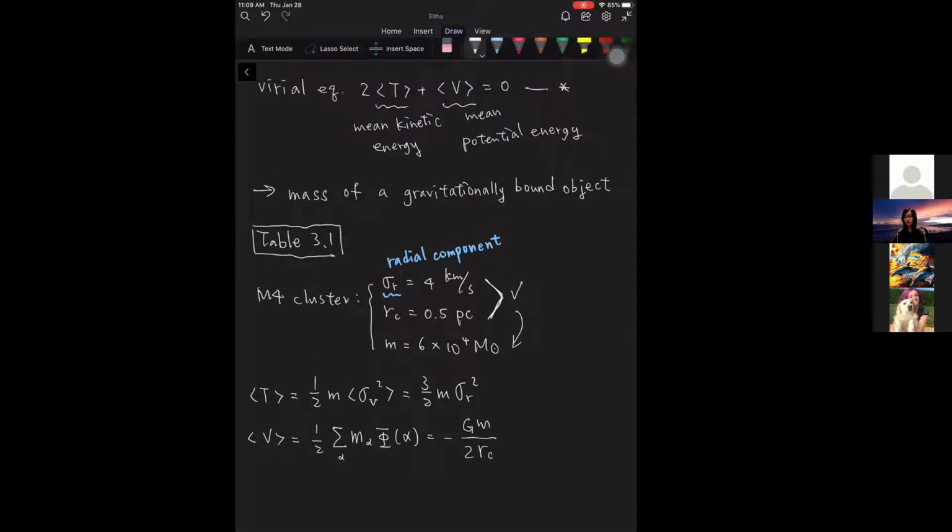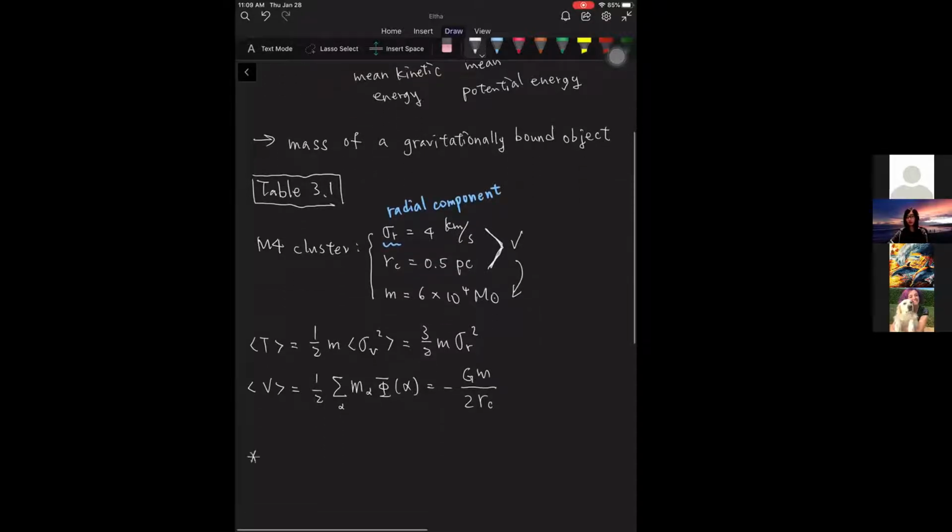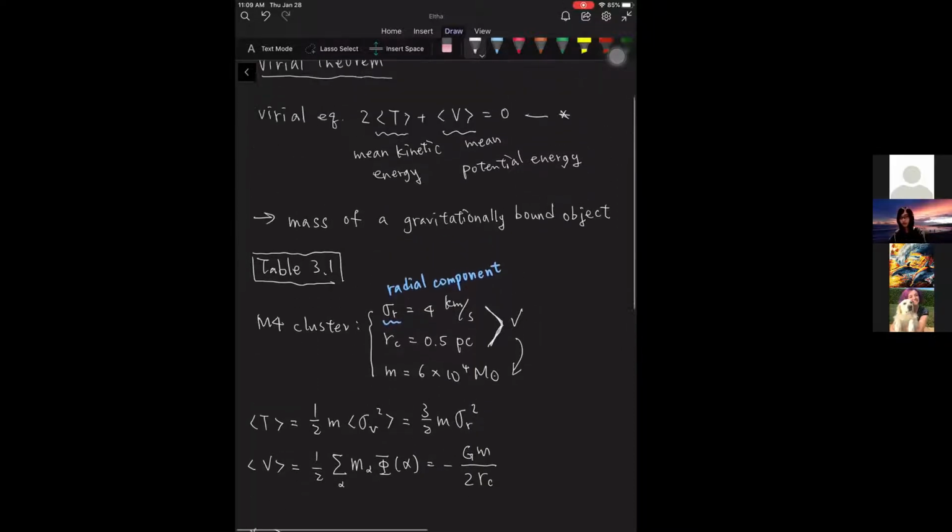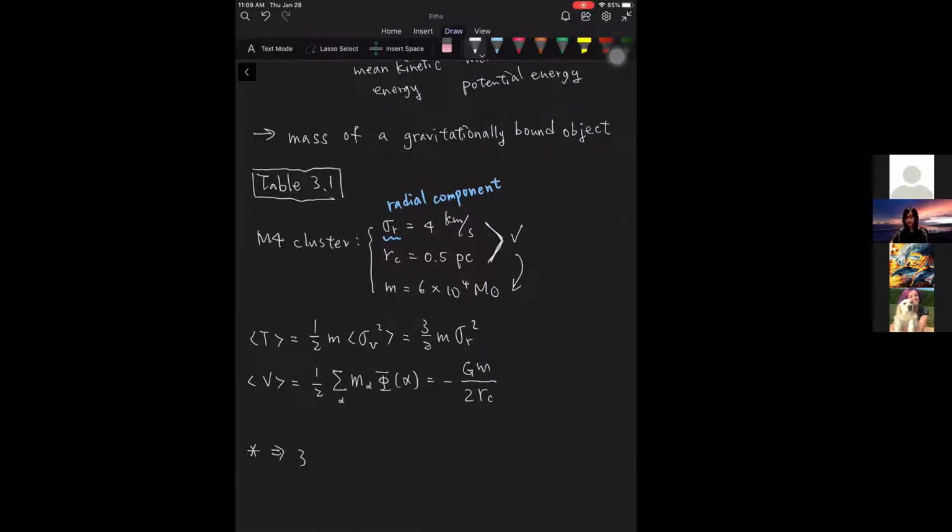By plugging these two values into the virial equation, we have 2 times the kinetic energy, so 2 times 3/2 m sigma r squared, should be equal to the negative potential energy, so that would be G M over 2r.